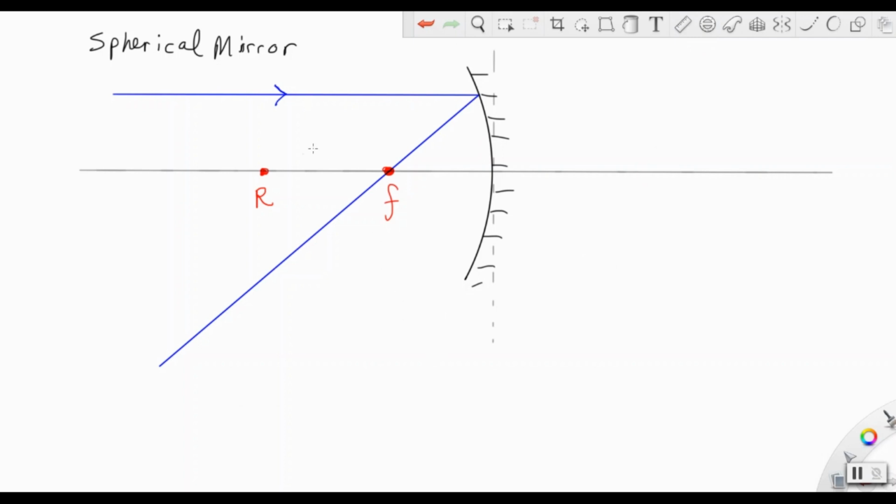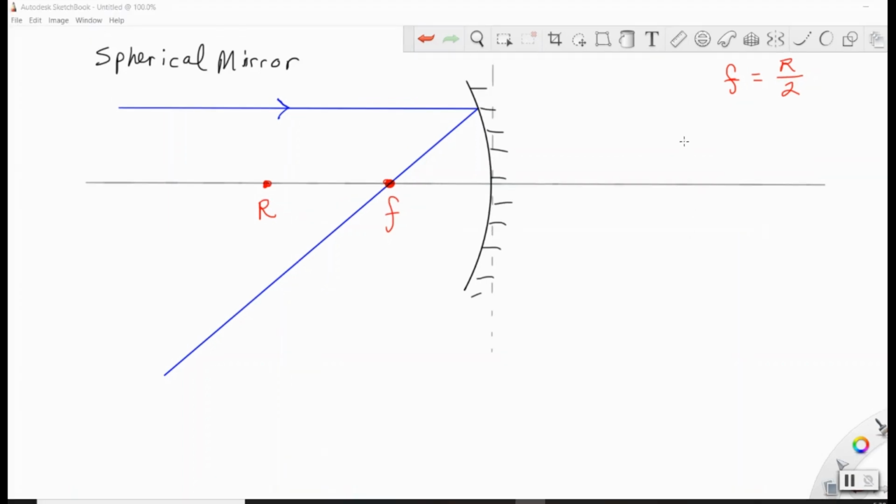Okay, so now this is reflecting off the inside of our spherical surface here, right? And we can now see that the relationship between the radius of curvature and the focal point is that the focal point is exactly half the radius of curvature. That can actually be shown geometrically, but it's a little bit clear here just from looking.